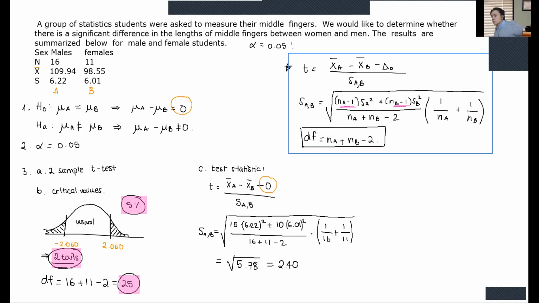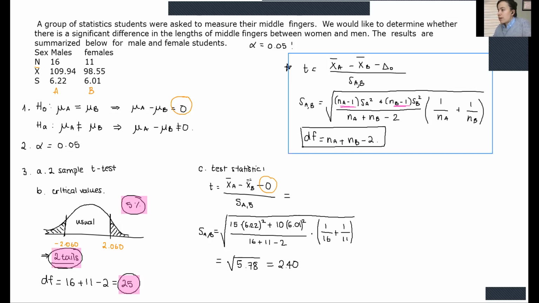Okay, so all of that is just to get the denominator, and that's 2.40 in this case.